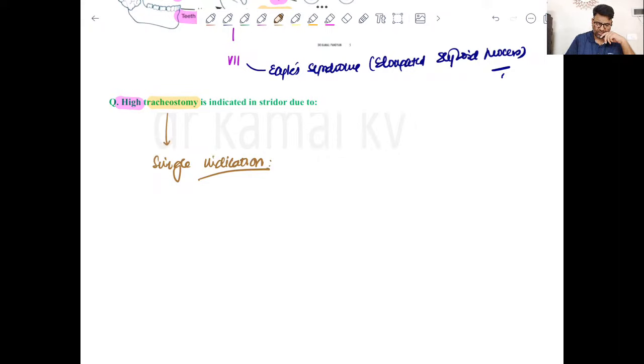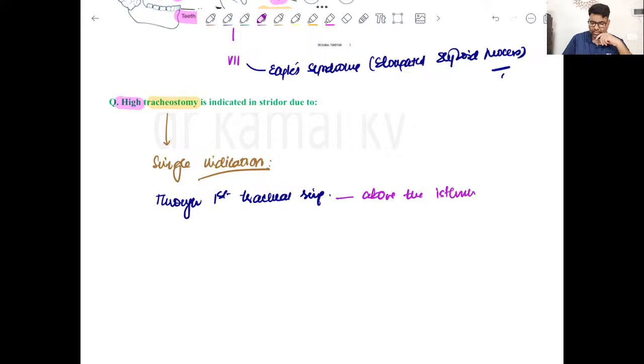And in simpler words, it is through the first tracheal ring, and this tracheal ring is above the isthmus of thyroid gland. Very good, Arvind.